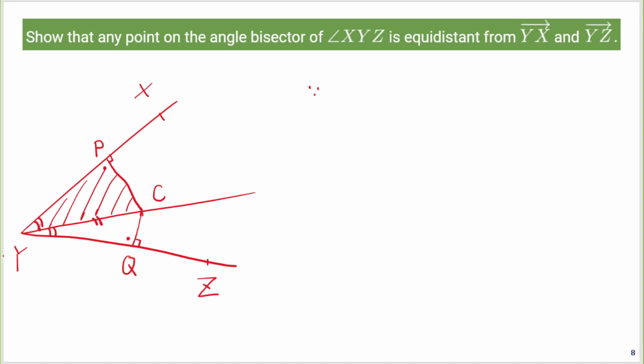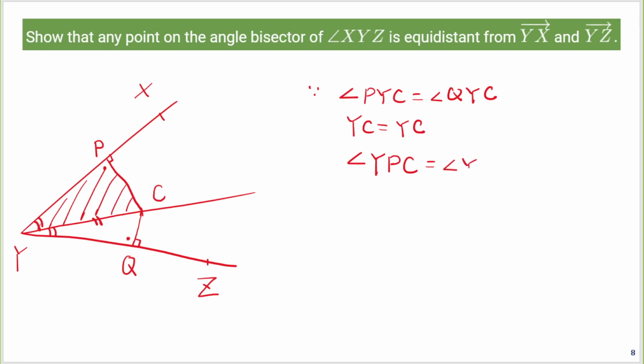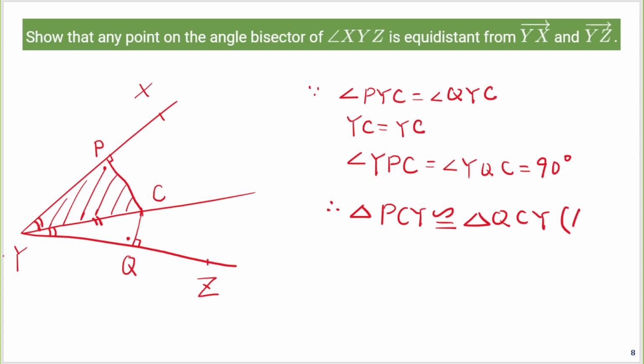So because angle PYC equals angle QYC, and YC equals YC, angle YPC equals angle YQC, which is 90 degrees, then triangle PCY is congruent to triangle QCY according to AAS, right?